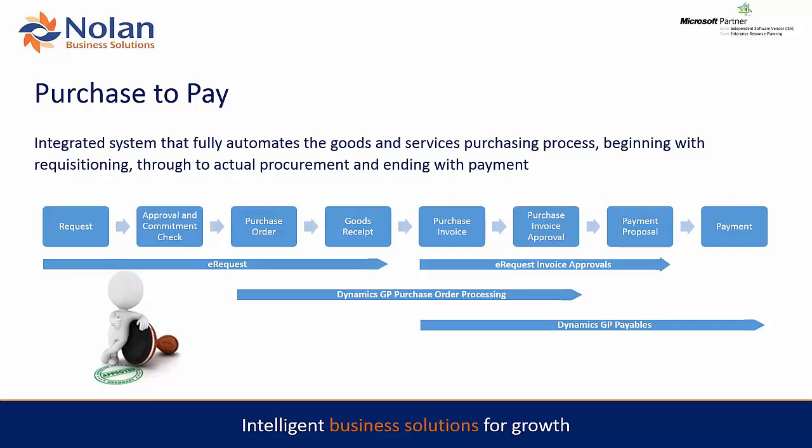She'll put that through, she'll get it approved by her line manager, who's Mark, and it will become a purchase order. Once the event has taken place, we're going to put on a goods receipt to say yes, we've consumed that service, and we'll put a purchase invoice on and watch that go through purchase invoice approval. So let's get into the product and take a look.